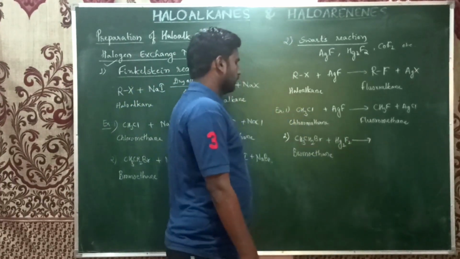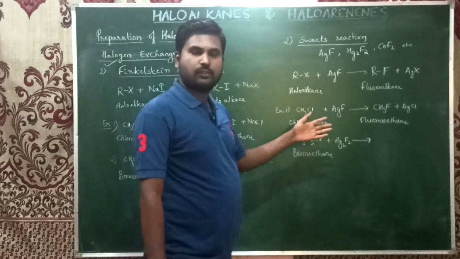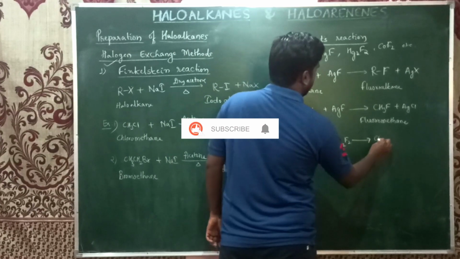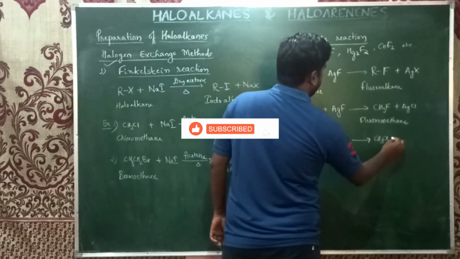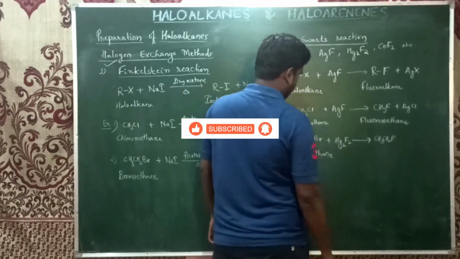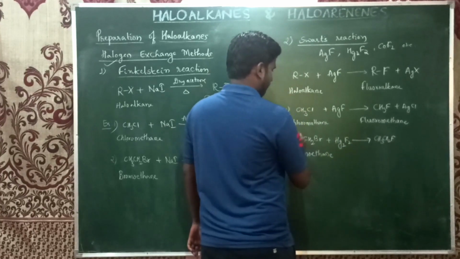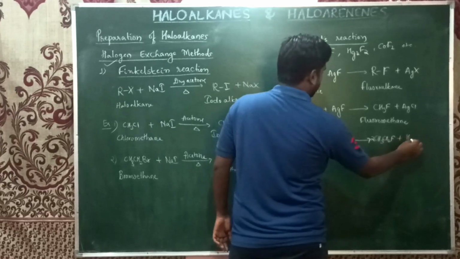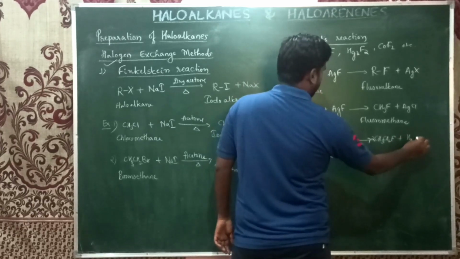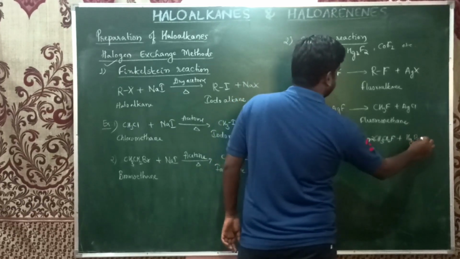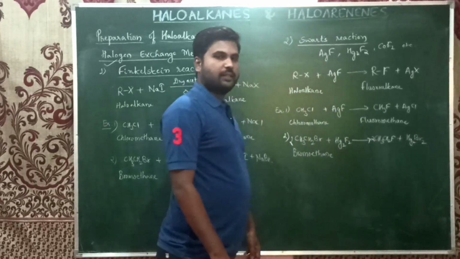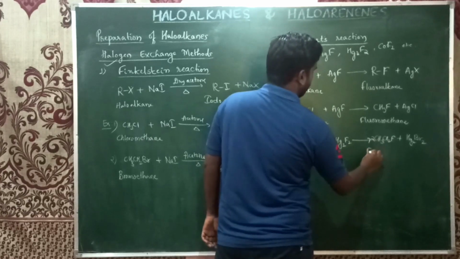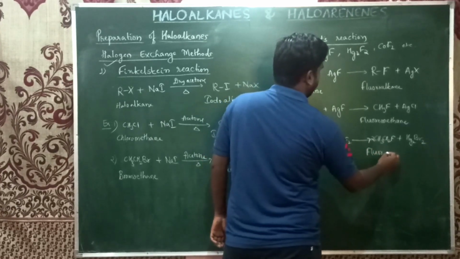So here this bromoethane converts into fluoroethane, CH3CH2F. We have 2F, so let me take this 2, along with the elimination of mercurous bromide, Hg2Br2. Here we are getting ethyl fluoride or fluoroethane.